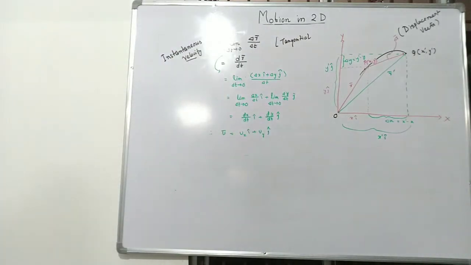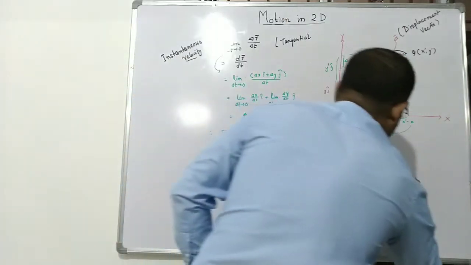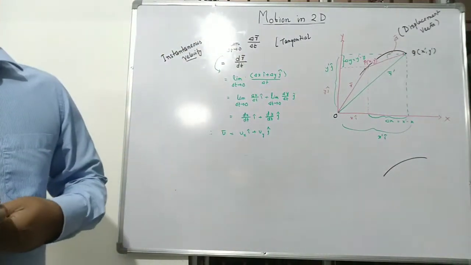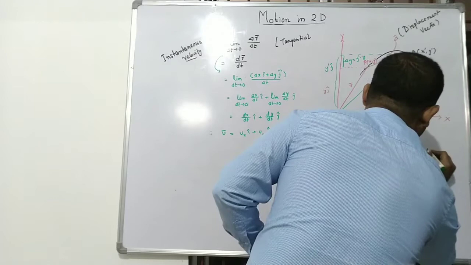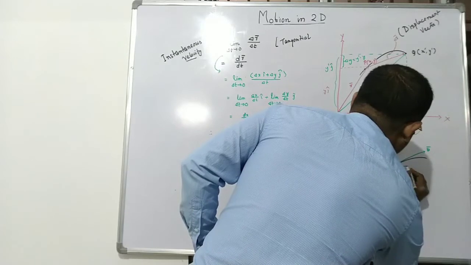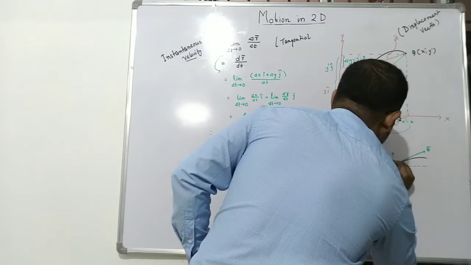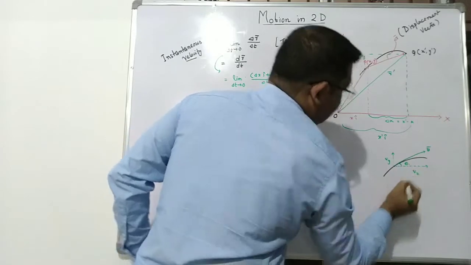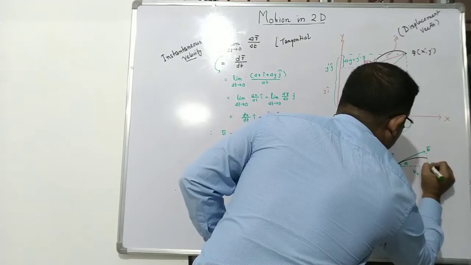So what does it signify? Let's say this is the path followed, and here we have measured the velocity at some particular point, and the velocity is found to be along this. This is v, the instantaneous velocity. Then it has two components along the x-axis and along the y-axis. This is Vy and this is Vx, and this angle is theta. So we can complete the parallelogram like this.